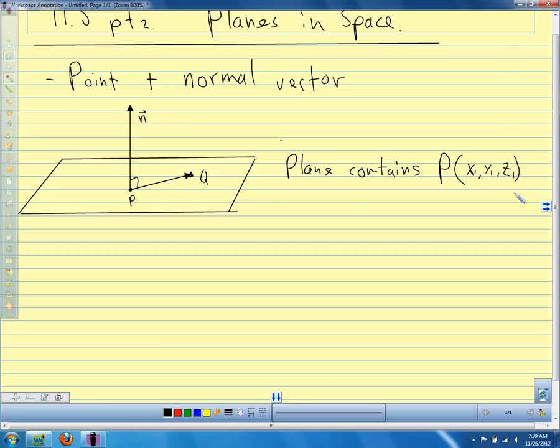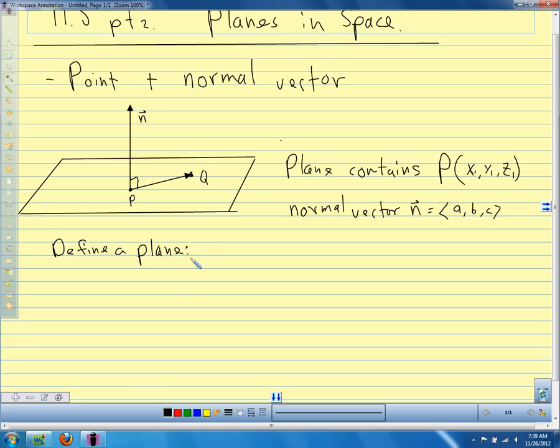And our normal vector n, we'll say that n is the vector ABC. So we're going to define our plane in space. This is going to be our definition.